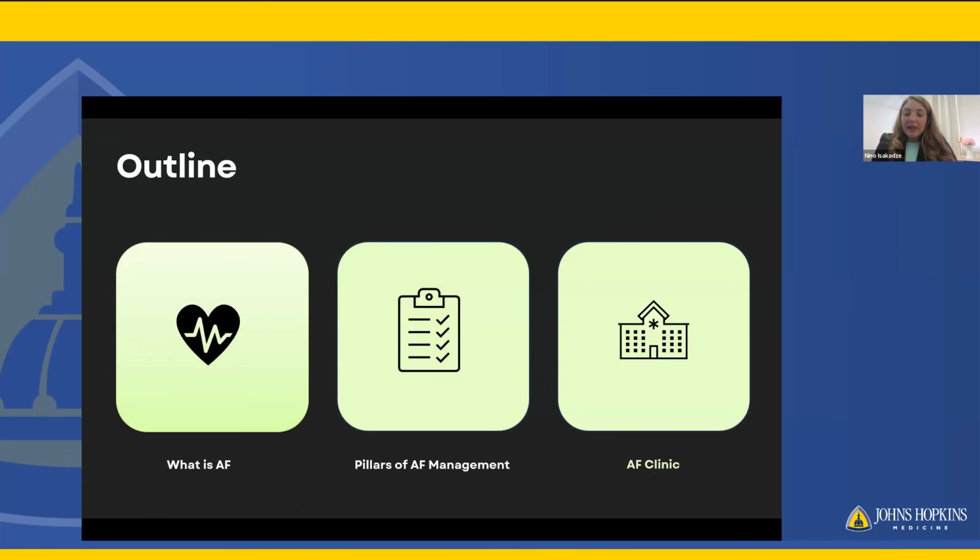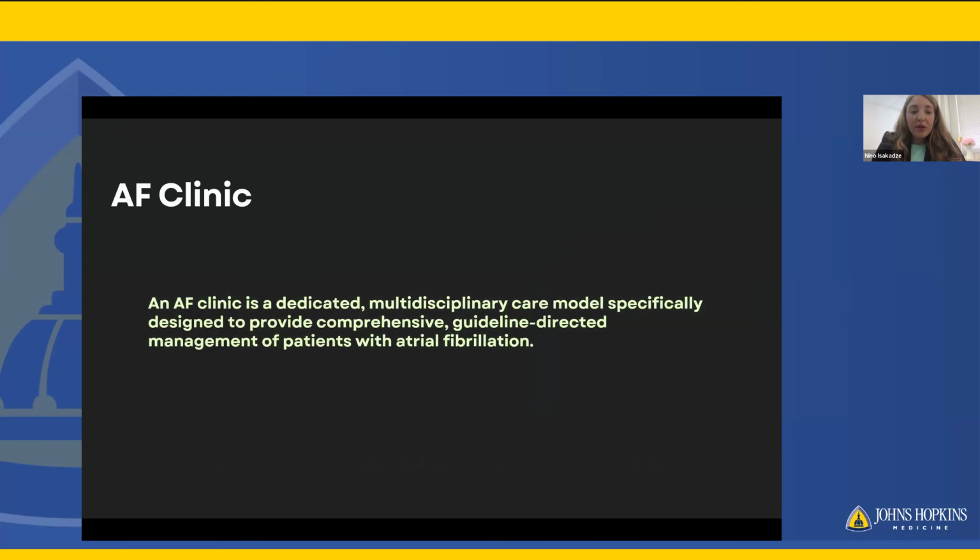Okay, and then lastly, we're moving into atrial fibrillation clinic. I want to emphasize that atrial fibrillation clinic is where clinicians are dedicated. Atrial fibrillation, as you can see, everyone has different journeys and there are multiple components to care. So you need specialists who understand every aspect of atrial fibrillation management and are able to provide guideline-directed care.